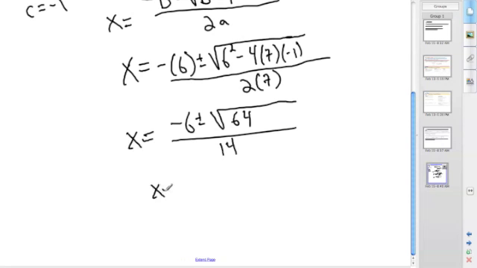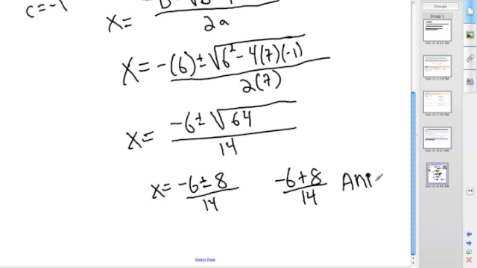So which brings us down to -6 plus or minus 64. Square root of 64 is 8, all over 14, which means you have -6 plus 8 over 14 and -6 minus 8 all over 14.